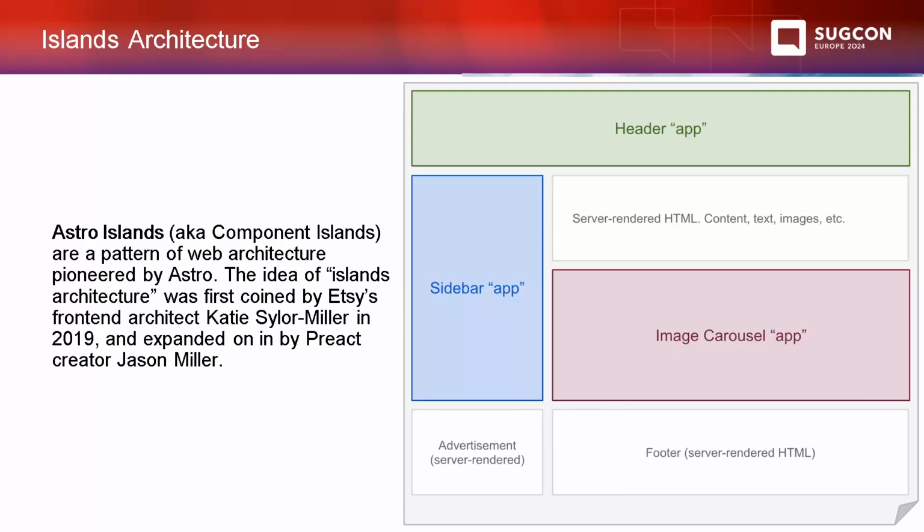And inside such an island, you can use one of your components from your favorite web UI framework, React, Vue, or Angular. So this architectural approach allows you to get the best from two worlds: speed and SEO from SSG, and rich client behavior from dynamic frameworks.